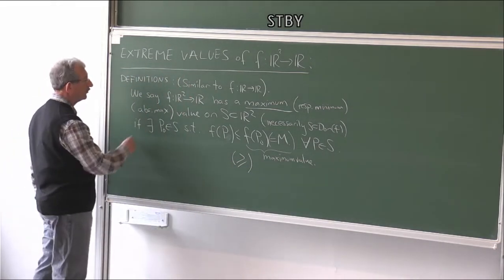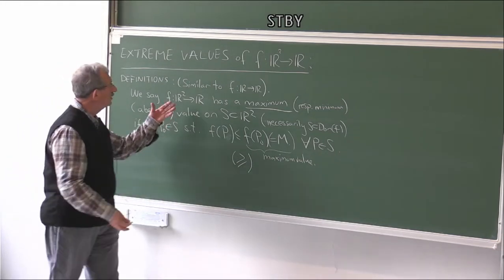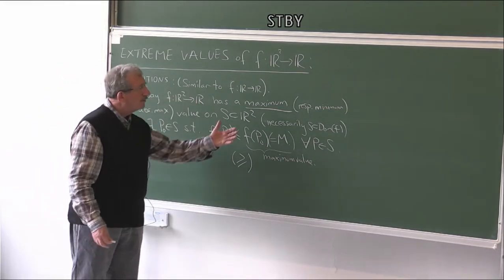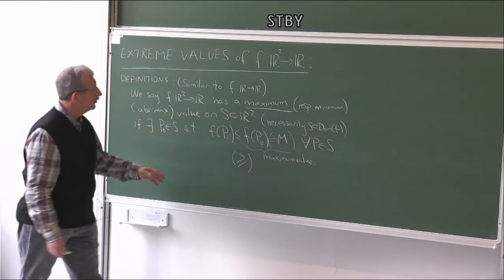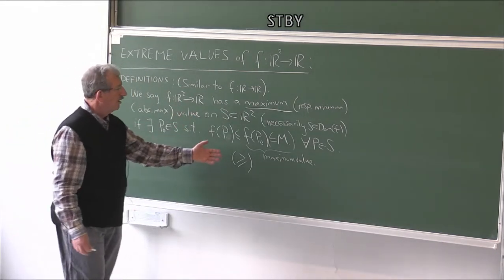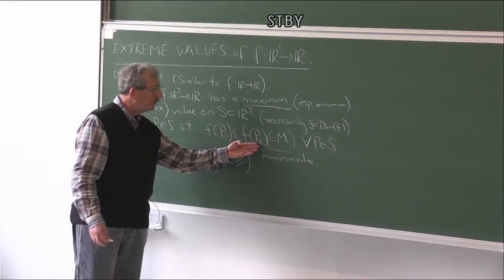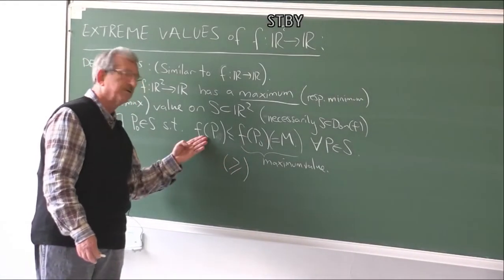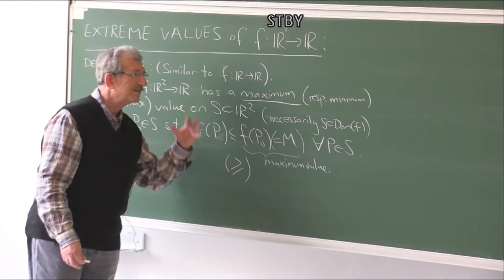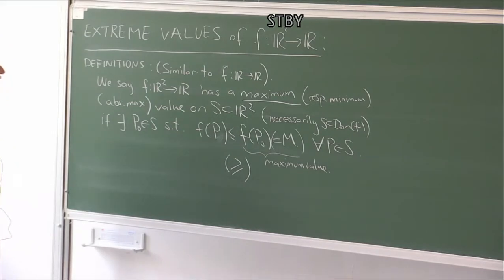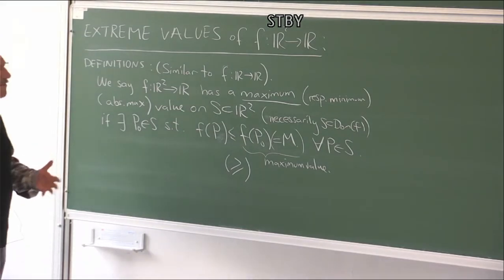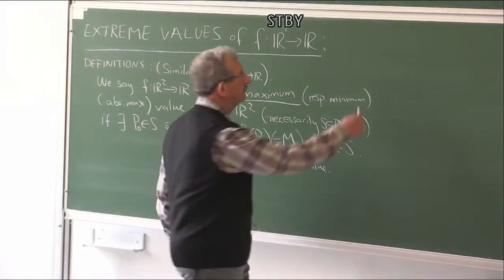So it should read, a function of two variables has a minimum value on S if there is a value which is smaller than all other values on this set S. Now this value may or may not exist.